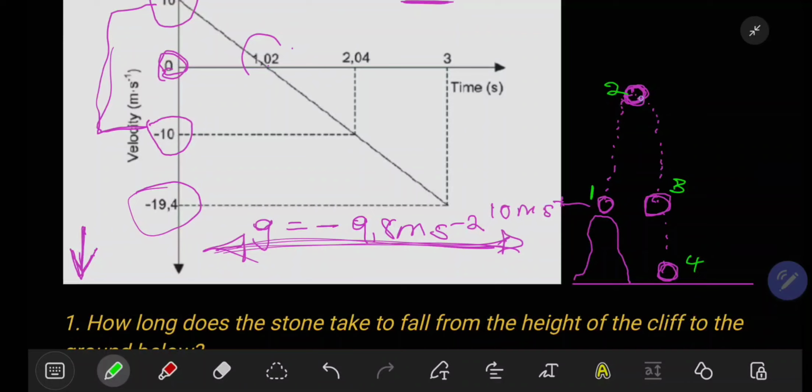From point 1 to point 2, it takes 1.02 seconds. That is the time it takes for the ball to reach the maximum height. And from the maximum height to point number 3, it takes exactly the same time, which is 1.02. Why? Because this is time symmetry.